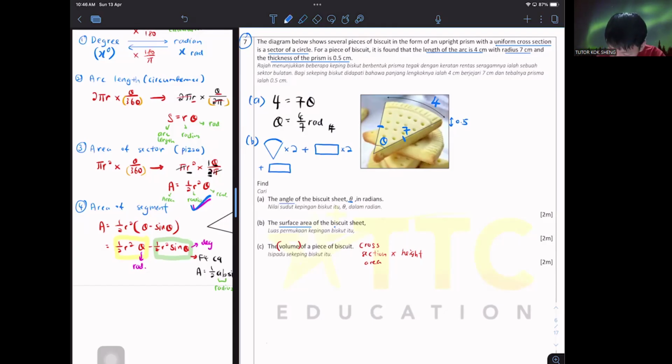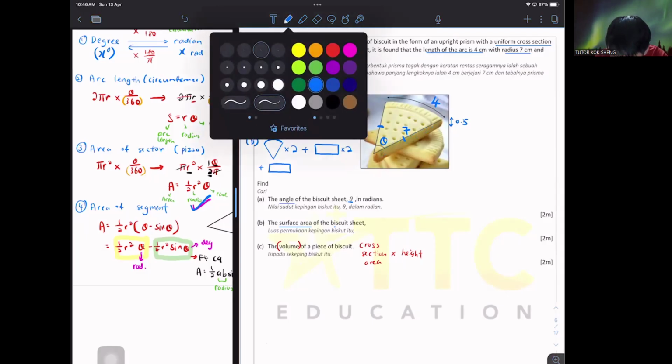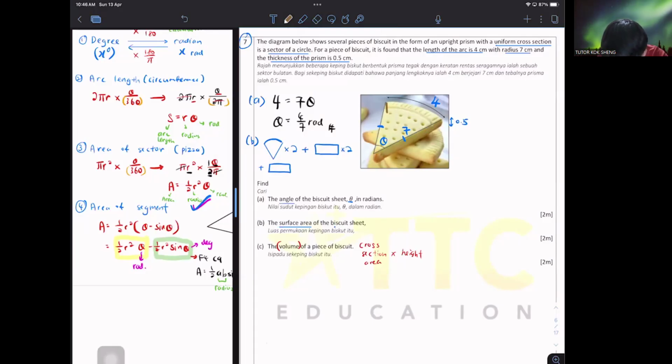The sector on top and bottom, and 2 rectangles as I mentioned here. One here, one actually at the back. I draw here for you to see. One actually at the back, but it's hidden. This should be like this. Can you understand, can you imagine the picture?